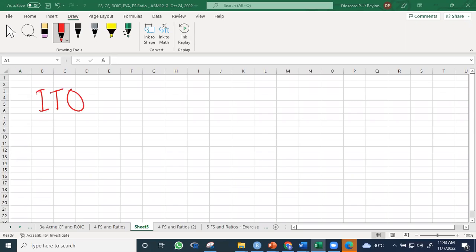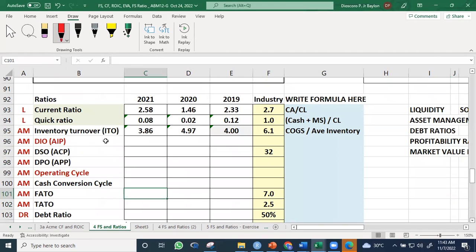Average na, ayan, no? Yung nasa denominator. Average inventory. Ito yung formula na sinare ni Jeremy. Cost of goods sold divided by average inventory. Okay, pakita ko ulit, no? That's your cost of goods sold divided by average ng inventory, beginning and the ending.